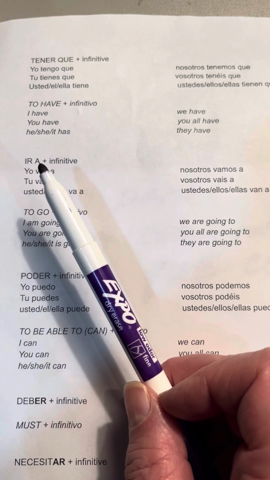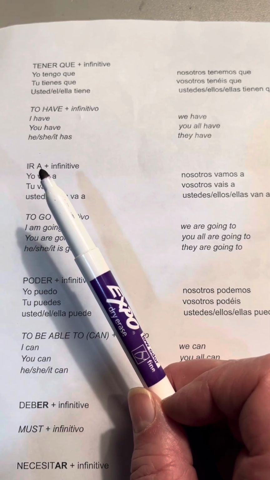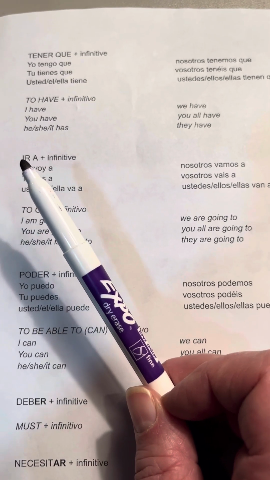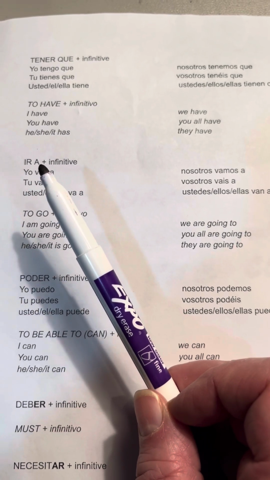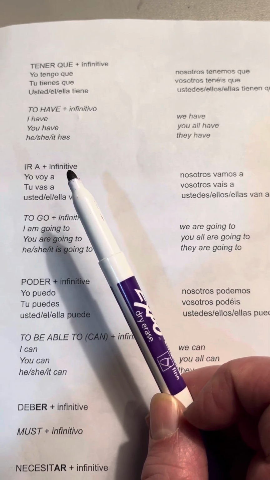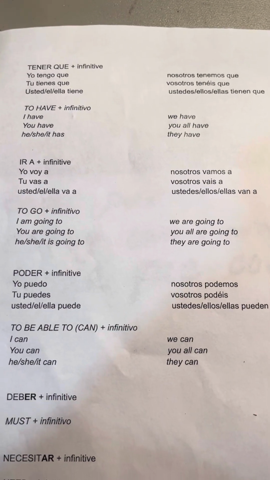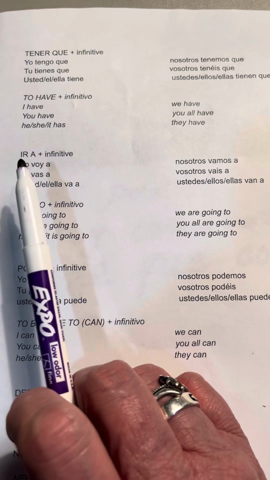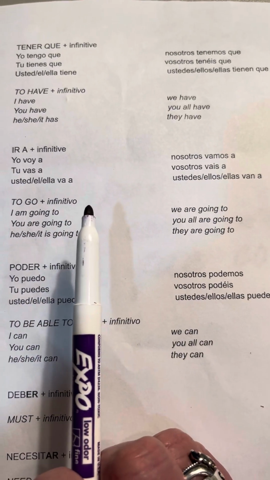I have that, or I have at, or I have to. So a literally means to or at. I have to, excuse me, not I have. No wonder I'm sounding confused. It is the verb to go. All right, here it is, to go plus infinitivo.